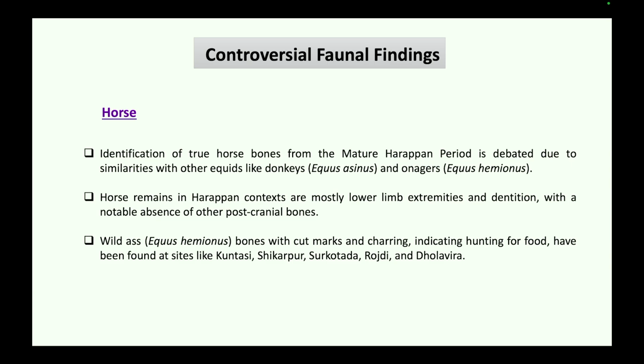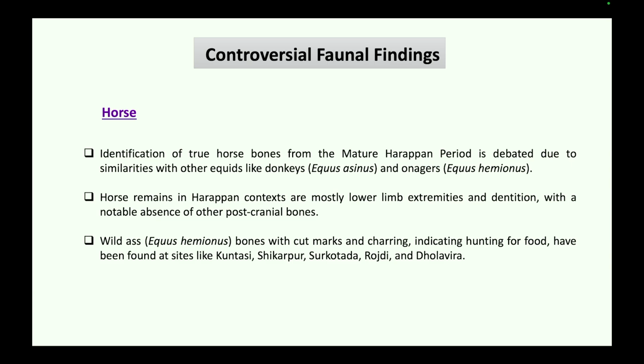Horse remains in Harappan context are mostly lower limb extremities and dentition, with a notable absence of other postcranial bones, while Equus hemionus bones with cut marks indicating hunting for food have been found at sites like Kuntasi, Shikarpur, Surkotada, Rojdi, and Dholavira. So the controversy of horse still exists in the archaeology field of Harappan.